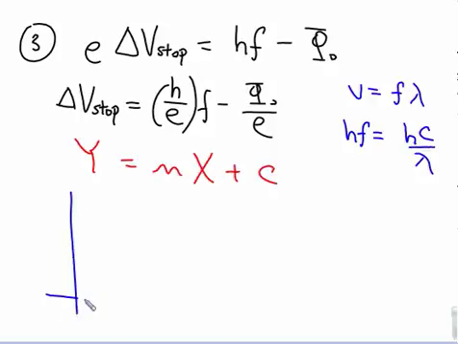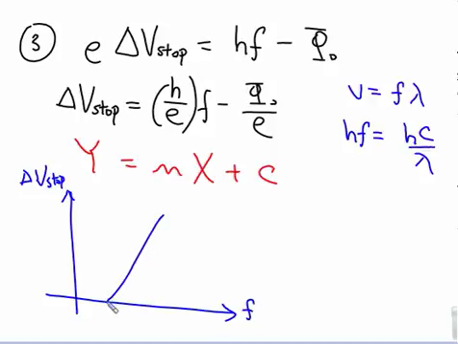It means that if I plot a graph of stopping potential versus frequency, I expect to have a straight line graph of gradient h over e and vertical intercept minus phi naught over e. So my vertical intercept will be minus phi naught over e.